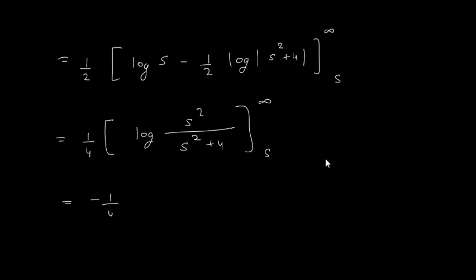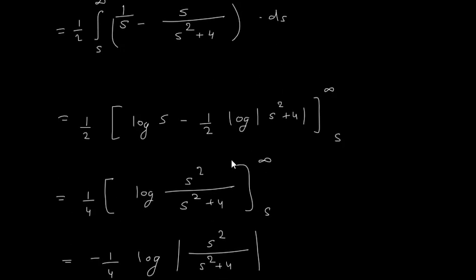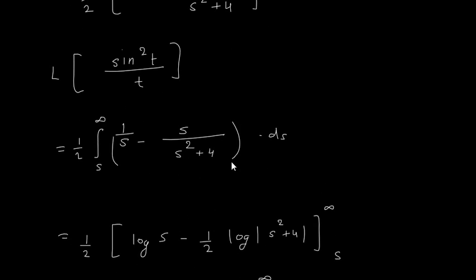So it is minus 1 upon 4 log of s square upon s square plus 4. This minus I will remove, and I will say that this is 1 upon 4 log of (s square plus 4) upon s square. So this is the answer for Laplace of sin square t upon t.